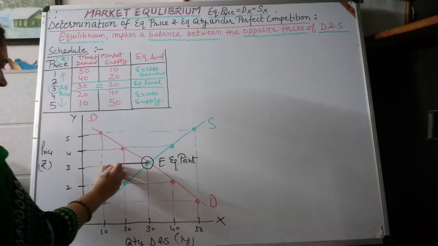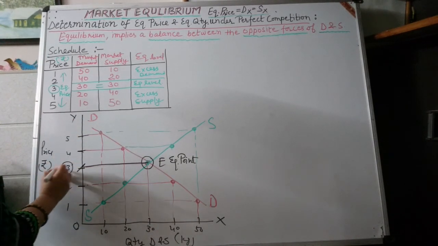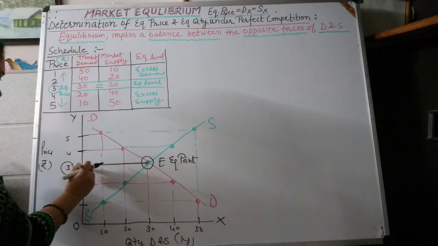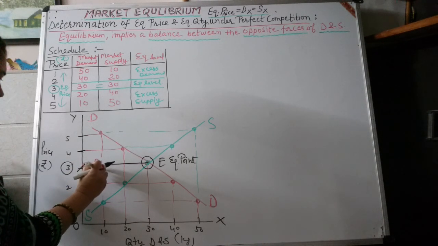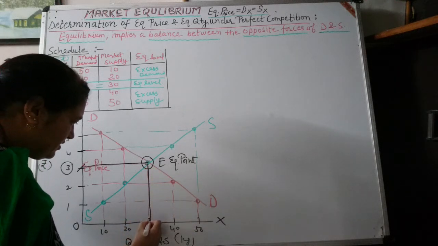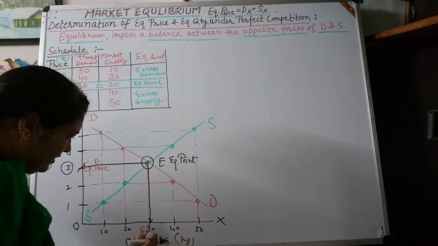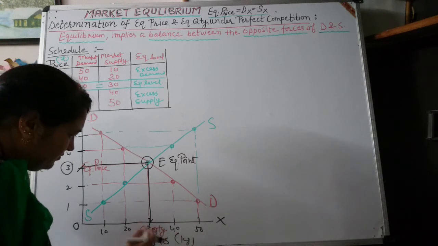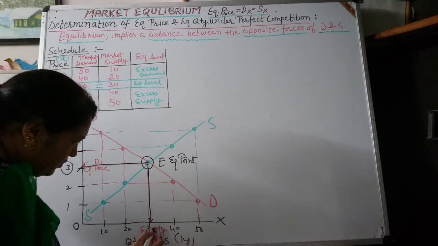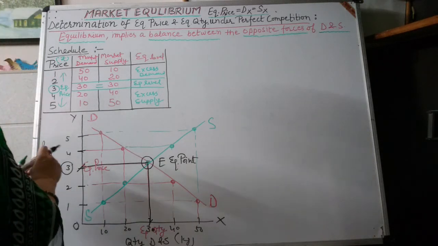When we join this equilibrium point towards the y-axis, we obtain the equilibrium price. When we join this equilibrium point towards the x-axis, we obtain the equilibrium quantity. So 30 is the equilibrium quantity and 3 is the equilibrium price.